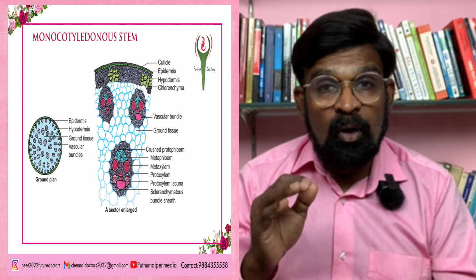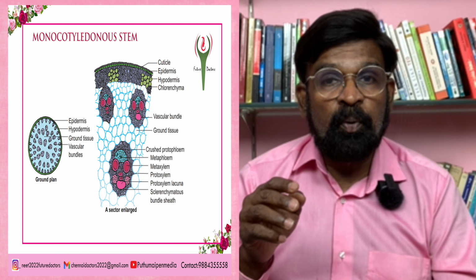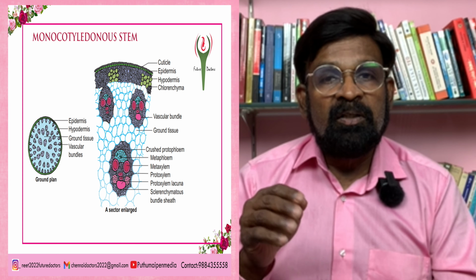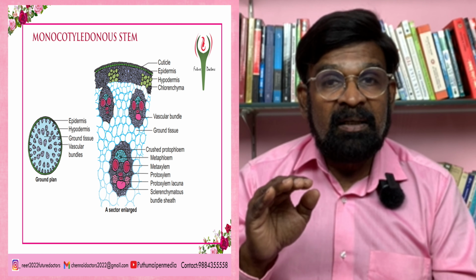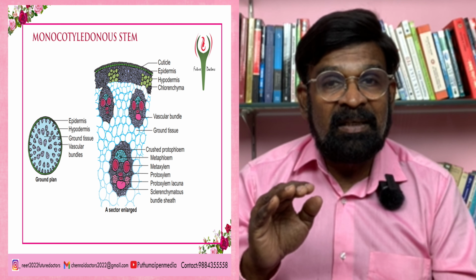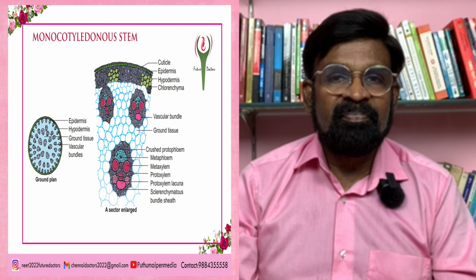It is differentiated into two parts in dorsiventral leaves, that is upper palisade and lower spongy parenchyma. The spongy parenchyma lies below the palisade parenchyma and above the lower epidermis. These spongy parenchyma cells contain several chloroplasts but fewer than the number present in palisade cells.